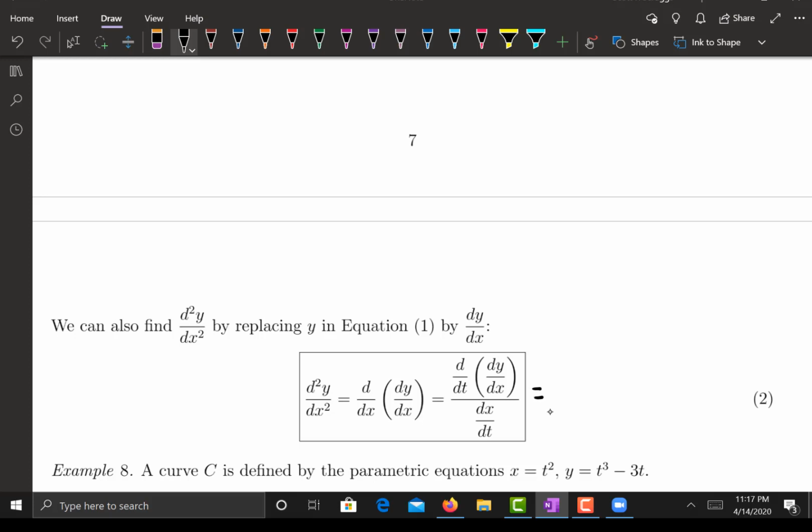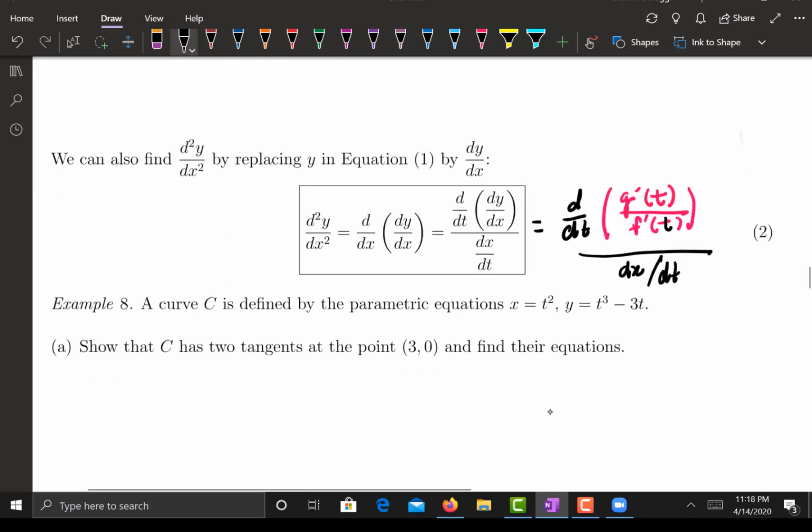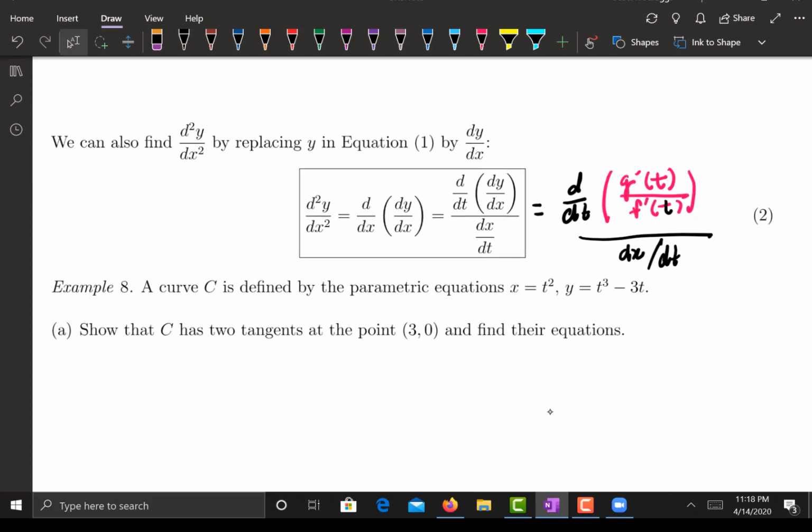Another way to phrase it: the derivative with respect to time of the derivative of the function that is married with y over the derivative of the function that is married with x, divided by dx over dt. And that's what we're going to do.